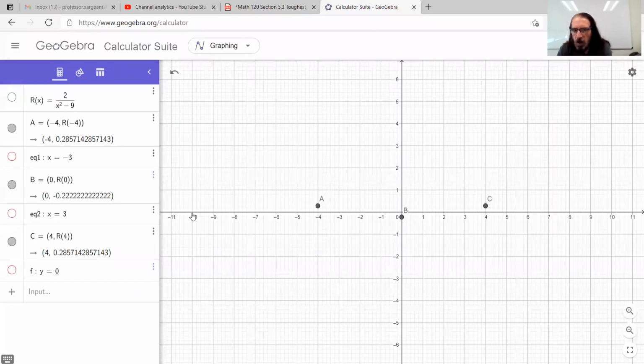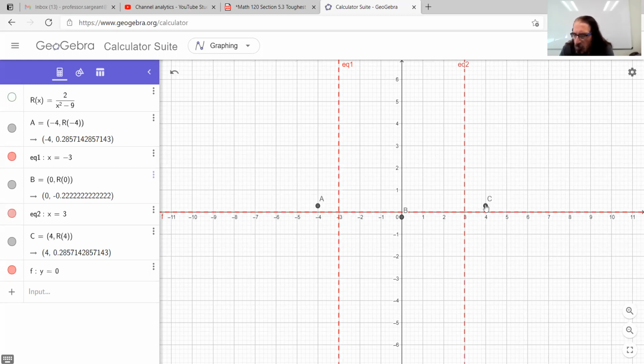That might seem to not give a lot of information, but when we include the vertical asymptotes and the horizontal asymptote, keeping in mind that we would see a change in signs to the left and to the right of the vertical asymptotes, then since this is positive, we should expect to see negatives over here.